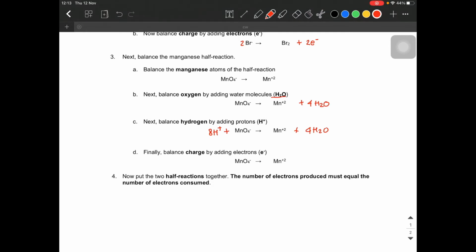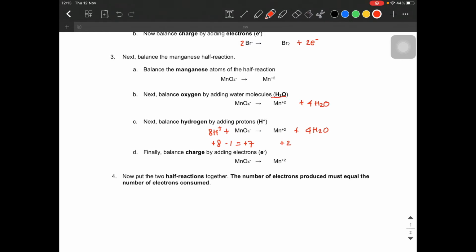Let's go to the total charge. Now at the left hand side the total charge is +8 and -1, so the total charge is +7, and at the right hand side only +2. So the difference is 5.